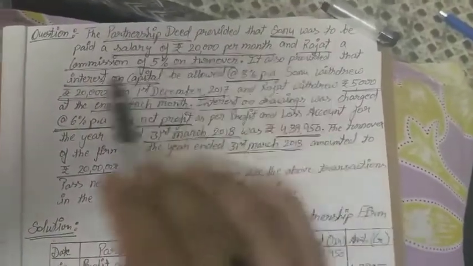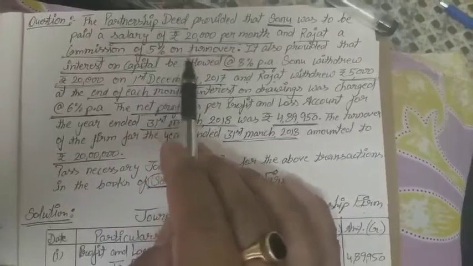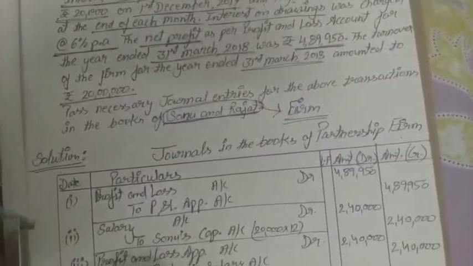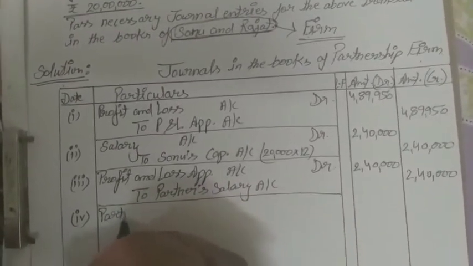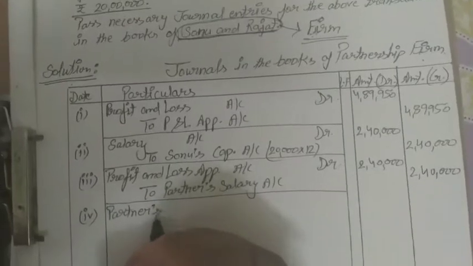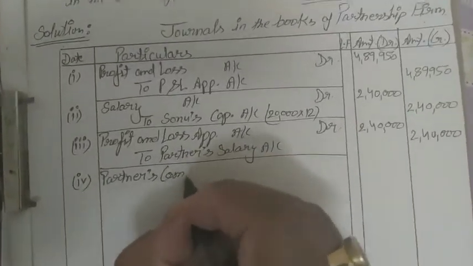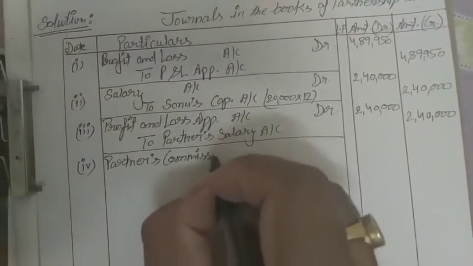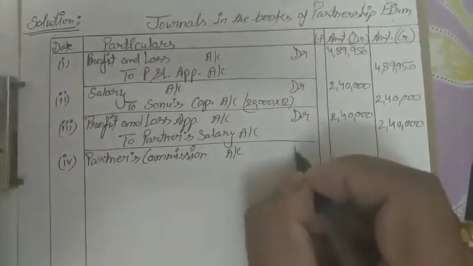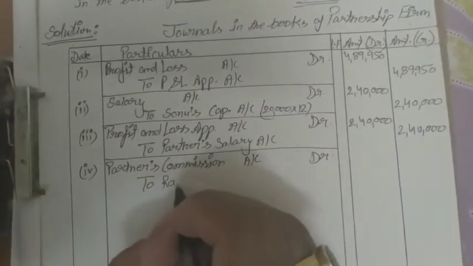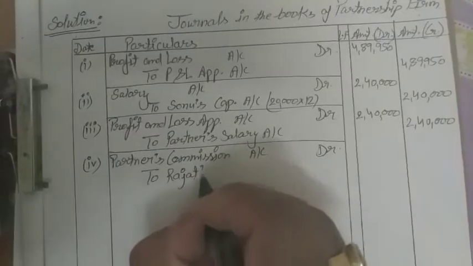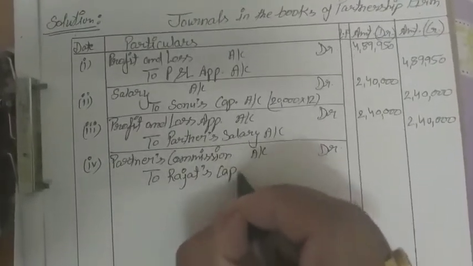Next, Rajat gets a commission of 5% on turnover. The fourth journal entry will pass related to commission. So here partner's commission account debit and to Rajat's capital account.